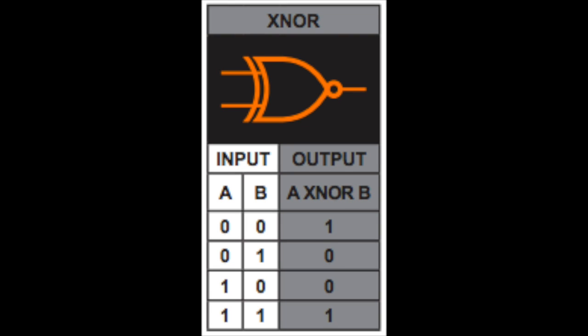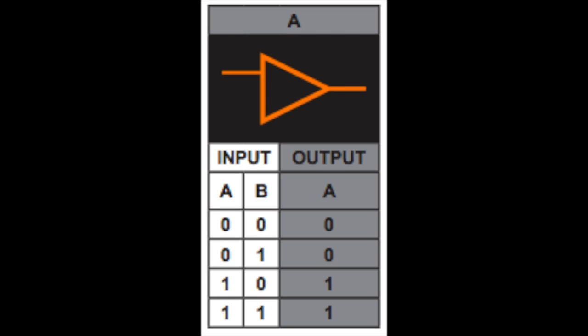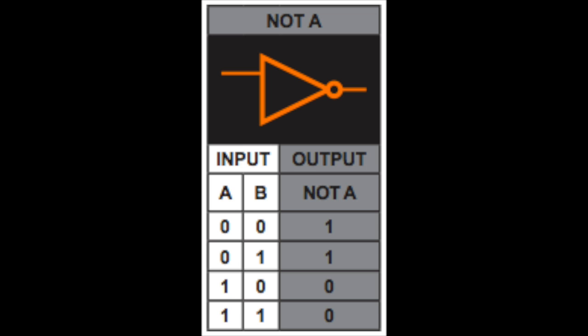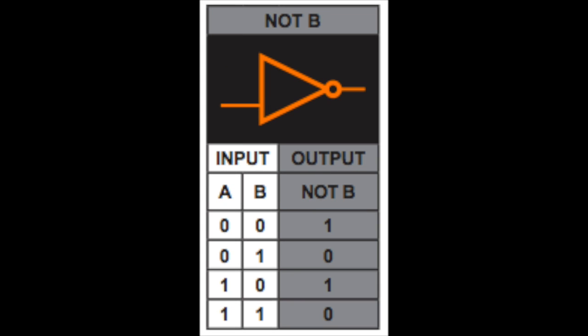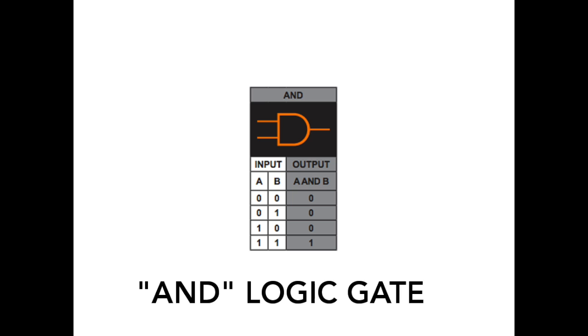So let's break that down by the different gates and what happens when a signal goes in and what comes out. Here's the AND logic gate, and the only way you get a signal coming out of the AND logic gate is when you have a positive signal coming in to both inputs, the A and the B input.